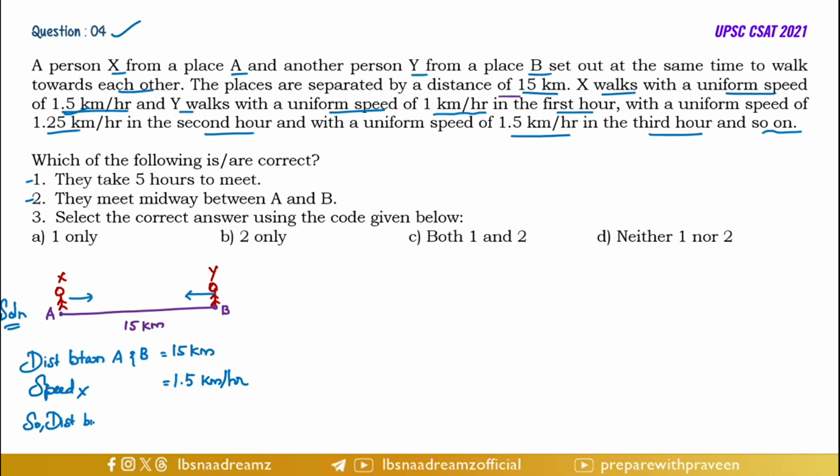Distance covered by X in 5 hours is equal to 1.5 into 5, 7.5, right? Yes, 7.5 kilometer.